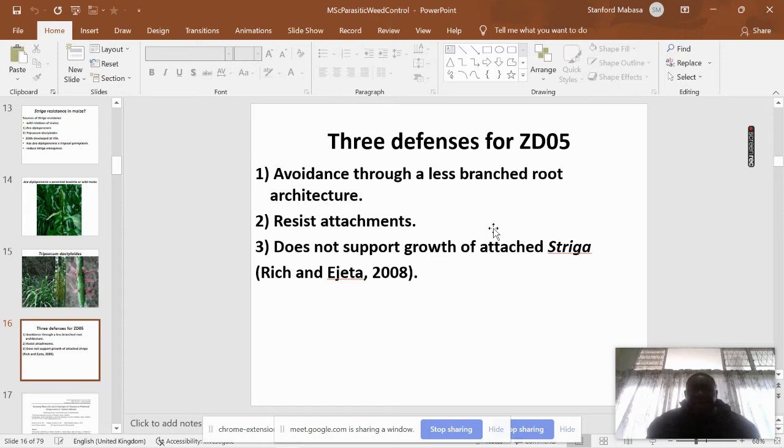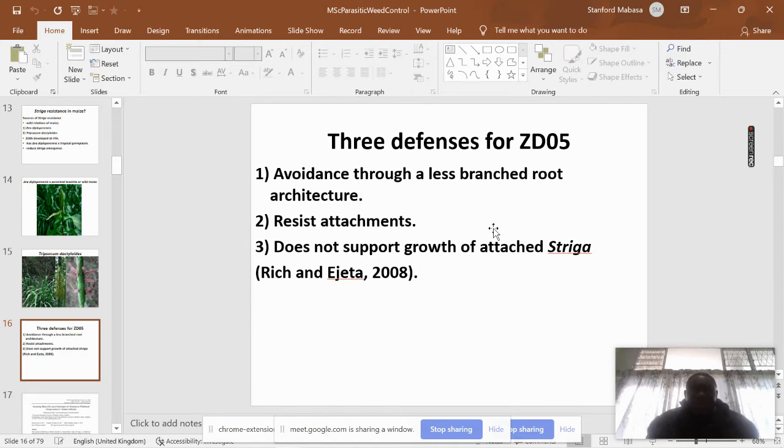So the line ZD05, which was derived from wild relatives of maize, can avoid infection, probably through its less branched root architecture.